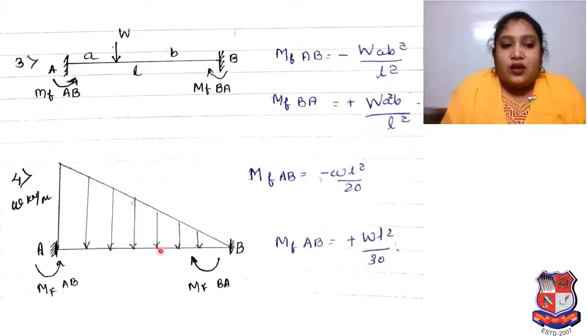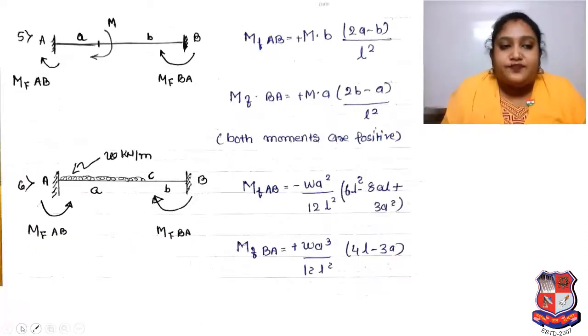Okay, here you can see that UVL is there, uniformly varying load is there. So here fixed beam and UVL is there, W kilonewton per meter load. So fixed end moment AB is minus WL square upon 20, and here it's clockwise, meaning positive, so WL square by 30 because it's a UVL.